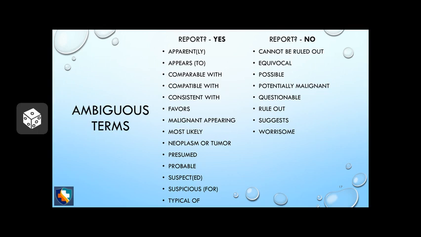The ambiguous term must always include a reference to the reportable diagnosis being described, such as favors carcinoma or suspicious for malignancy. For example, suspected and suspicious or most likely constitute a diagnosis, but possible or worrisome does not.